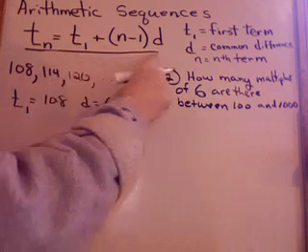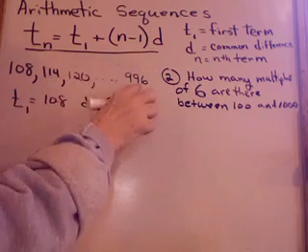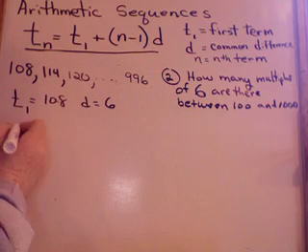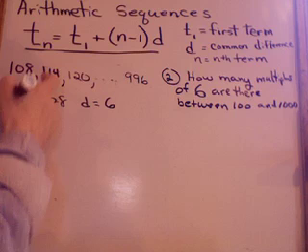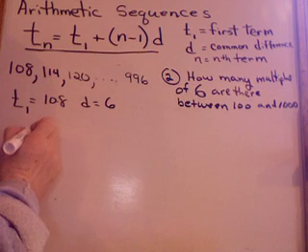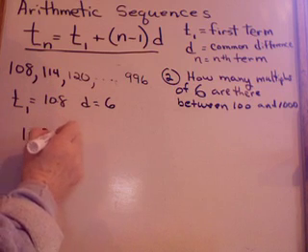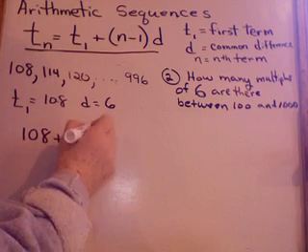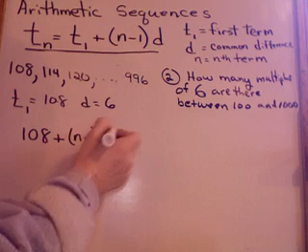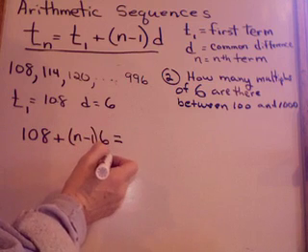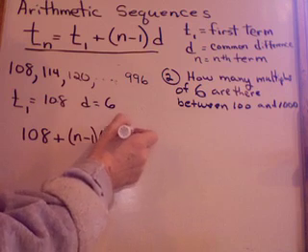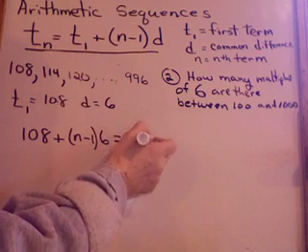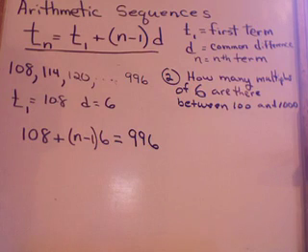Well, let's take this formula and set it equal to the last term. So, I want to take the formula with the numbers that I know in it. So I want to take 108, which is T1, plus n minus 1 times 6 equals, and what does it equal? 996. If I solve this for n, I can figure out how many terms in that sequence.